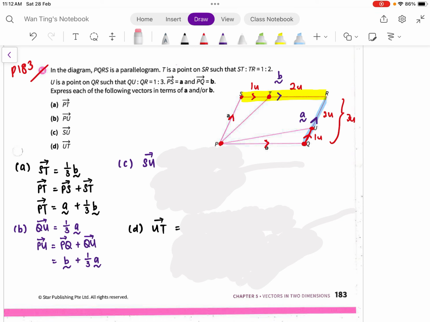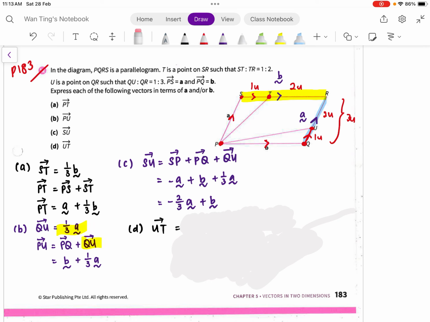Next one, the vector S to U. So how do I move from S to U? There are 2 ways. You can move from S to R, then R to U, or you can move from S to P, P to Q, Q to U, since you already know Q to U from here.